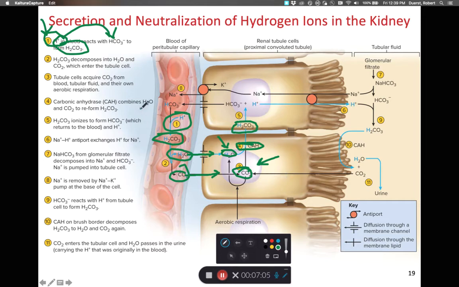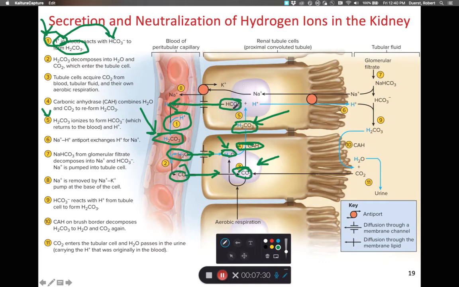So now we've gone from carbonic acid in the blood plasma to carbonic acid in the cytoplasm of a cell that lines the renal tubules. And we're at step 5. At this point in time, the carbonic acid reionizes, and a bicarbonate ion, or hydrogen carbonate ion, is going to be pumped back into the bloodstream.